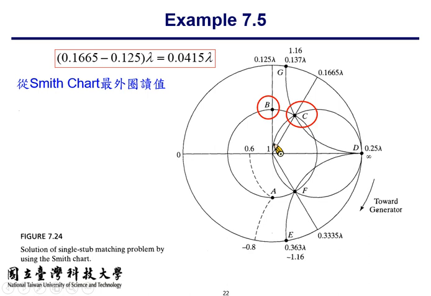How about a shortstop with a certain length? Well, if you take a look at your Smith chart, beginning from point D, you will read some small number or large number.